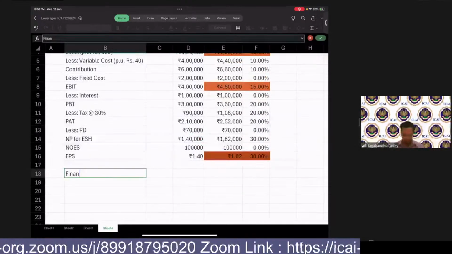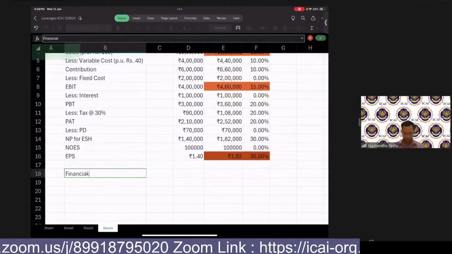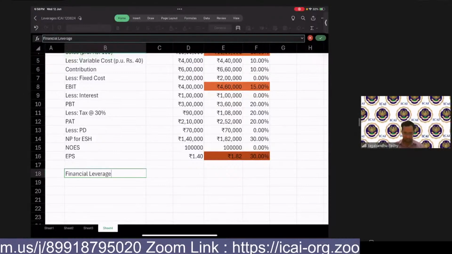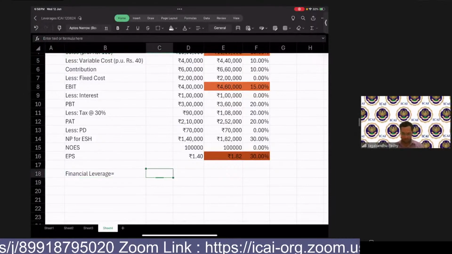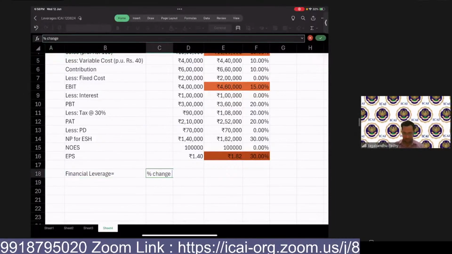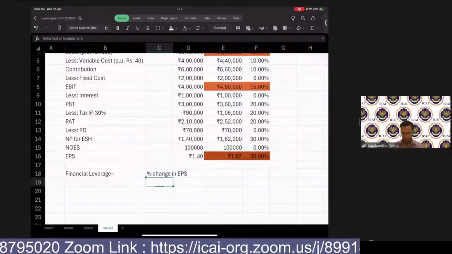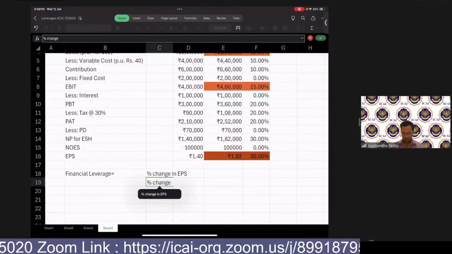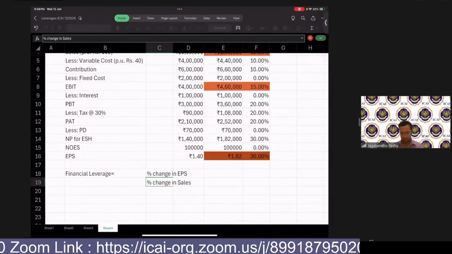Here, financial leverage will be computed as percentage change in EPS upon percentage change in EBIT.